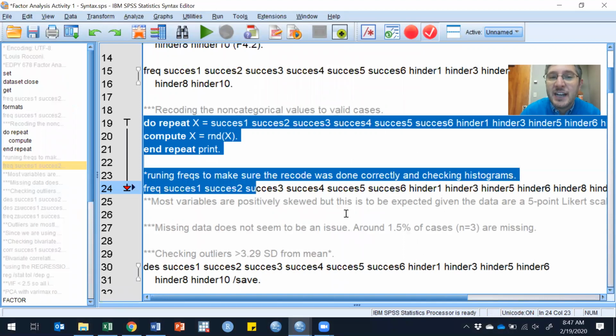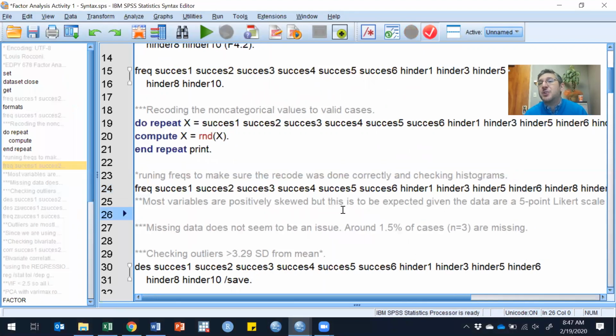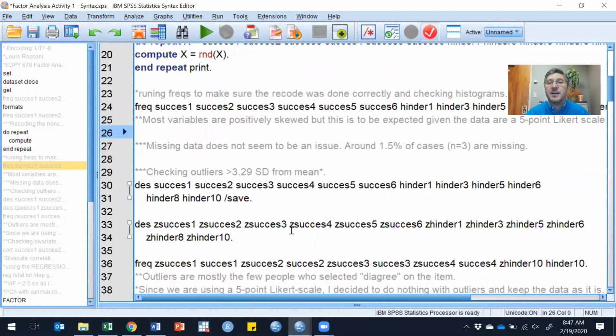Remember again, I'm not too worried about this because the data are a 5-point Likert scale, so it's not too surprising that the data are skewed. Here, missing data also doesn't seem to be an issue. Only 3 cases were missing, so I'm just going to ignore the missing data piece.